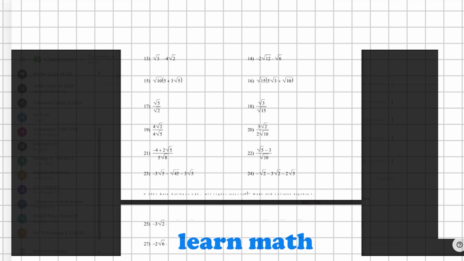Is it 10 or is it 20? I got 10. 20. Okay. Wait, can you simplify the negative 2 and the 10 or no?